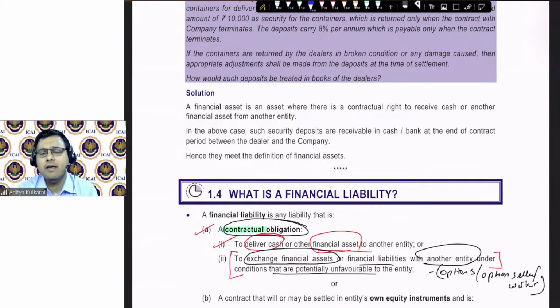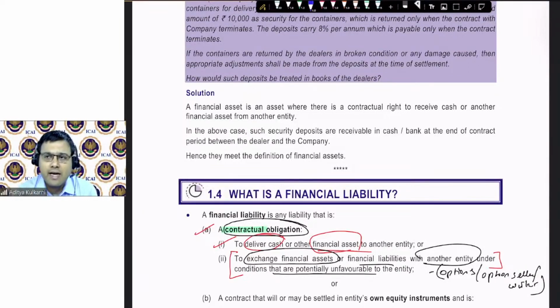We also saw the meaning of equity, where equity is an instrument that gives a residual interest in the assets of the entity after deducting all its liabilities. There are no voting rights or differential rights given. It's a plain simple instrument that has a residual interest.